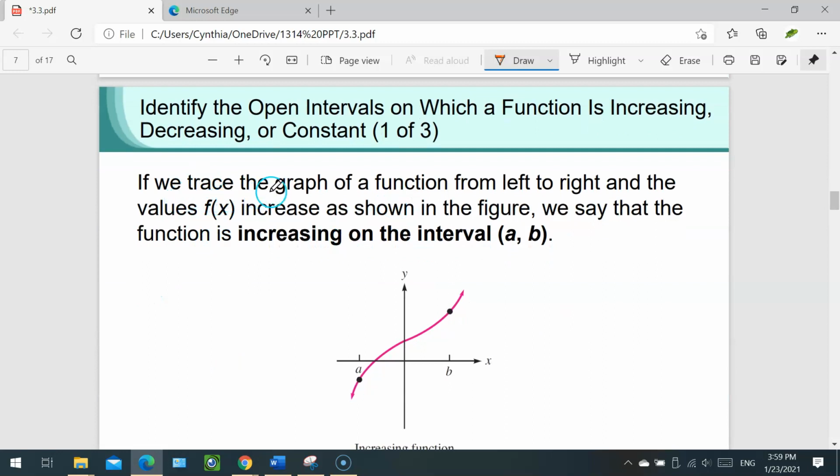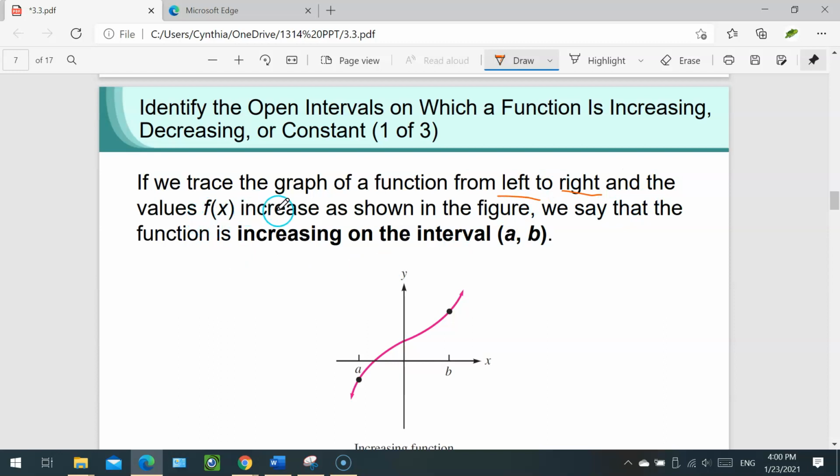If we trace the graph of a function from left to right, keep in mind this order does matter. You have to trace the graph from the left to the right, always, when you determine the increasing, decreasing, or constant interval.